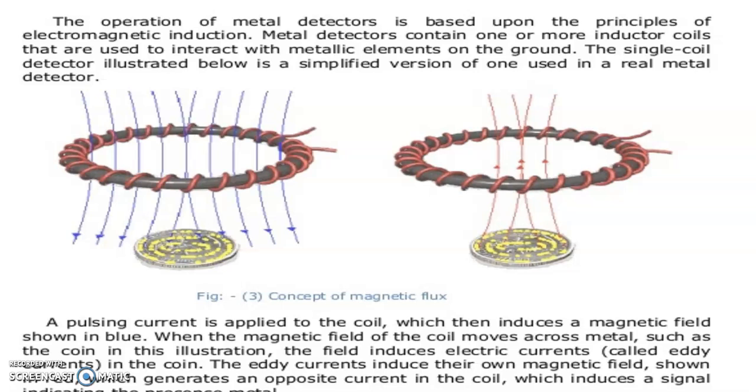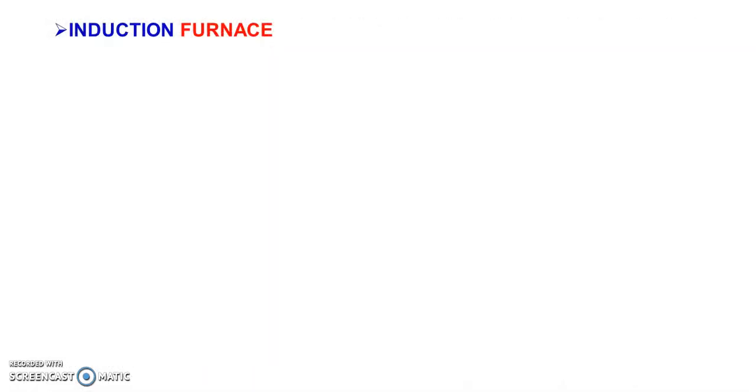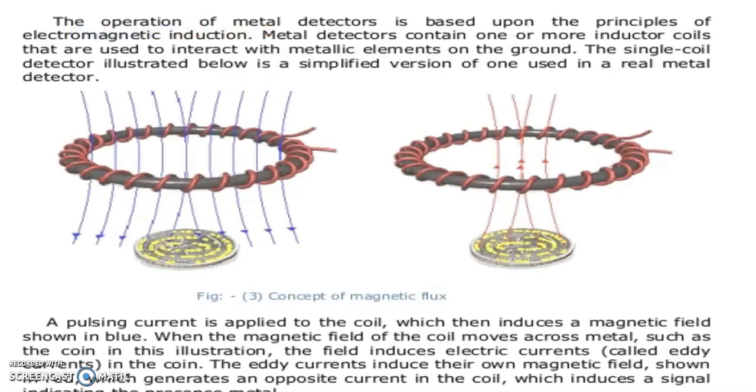Now, when the magnetic field of the coil moves across metals such as the coin, as we can see in this figure, the field induces an electric current, which is known as the eddy current. This eddy current induces its own magnetic field and generates an opposite current, which induces a signal indicating the presence of the metal. So we could see that this eddy current can be easily observed.